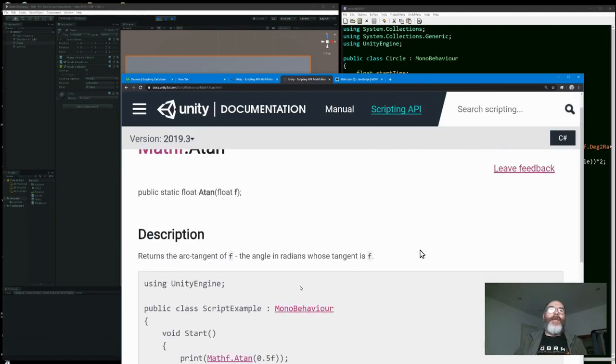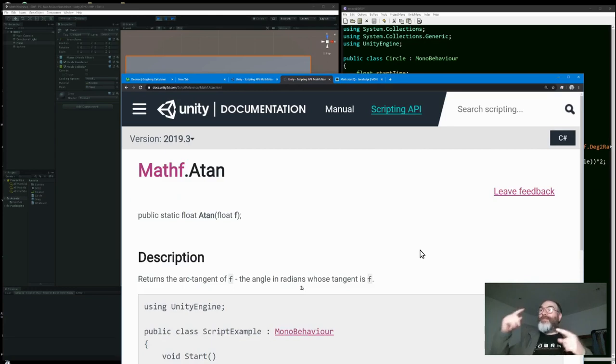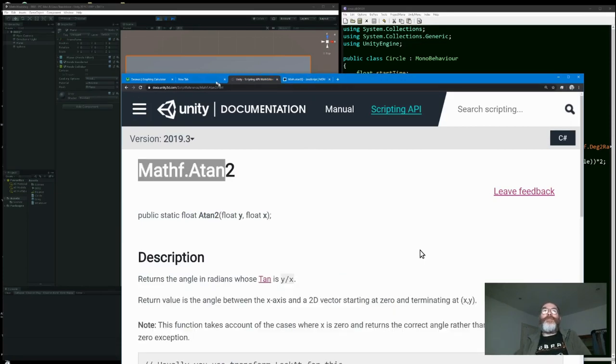The way you measure the tangent is rise over run, that is y divided by x. Because of that, the atan2 function puts the y first and then the x second. It's a mathematical convention which can be terribly confusing. But there is a reason.